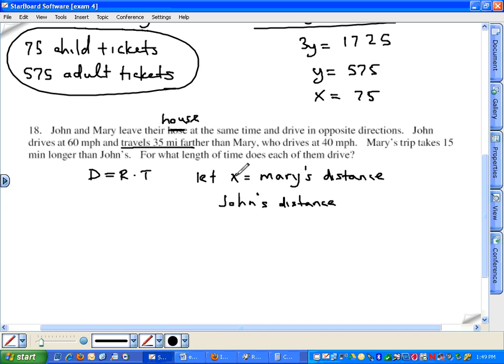If Mary's distance is x, John's distance is x plus 35. Now, what I'm trying to do here is, we don't know the distance or the time for both John and Mary. If we try to make so many different variables, 2 variables for each, there's going to be way too many variables. So what we need to do is describe their distances using the same variable and the time that they drove using the same variable. So we only have 2 variables. I'm going to use t for time, and we're using x for distance.